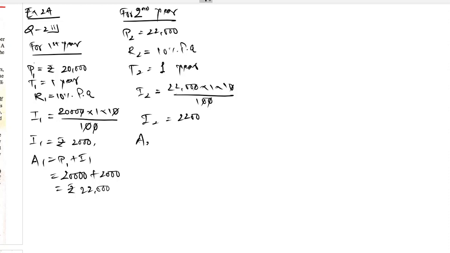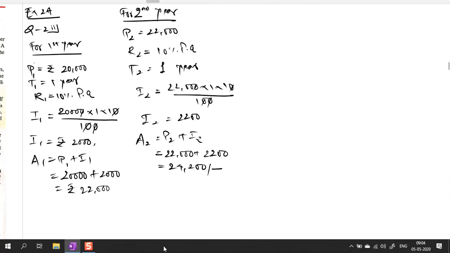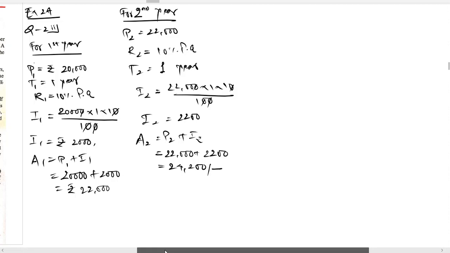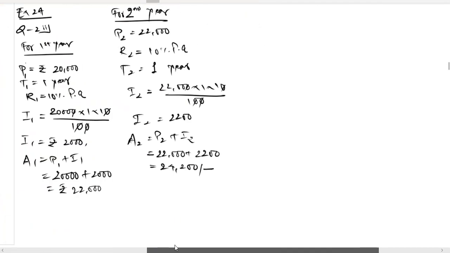So A2 is P2 plus I2, which is 22,000 plus 2,200, which is 24,200. Right? Now the total time is 1/4 years.